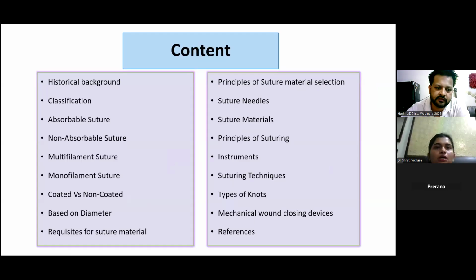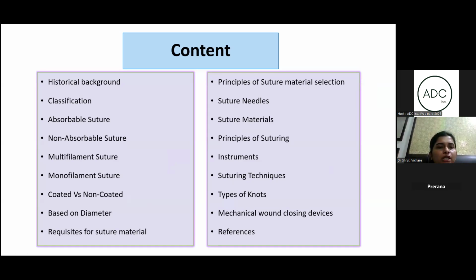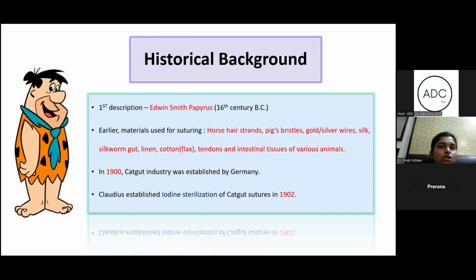No problem. Okay, so this is the content of my topic, as I mentioned, ranging from historical background to different suturing techniques. Starting with the historical background, as I already mentioned, the first mention of the suture was in the 16th century BC in the Edwin Smith Papyrus. Earlier, various suture materials were used, like horsehair, pig bristles, gold and silver wires, and gut, which is still in use, linen, cotton, and sutures formed out of tendons and intestinal tissues obtained from various animals.